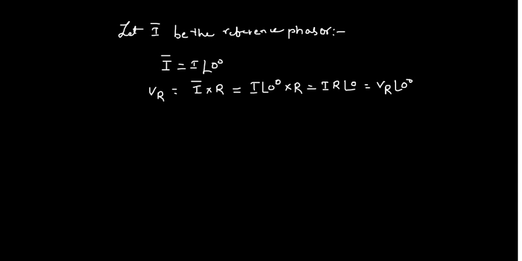At the same time, if we calculate the voltage across the inductor, VL, it is I into jXL, the reactance.